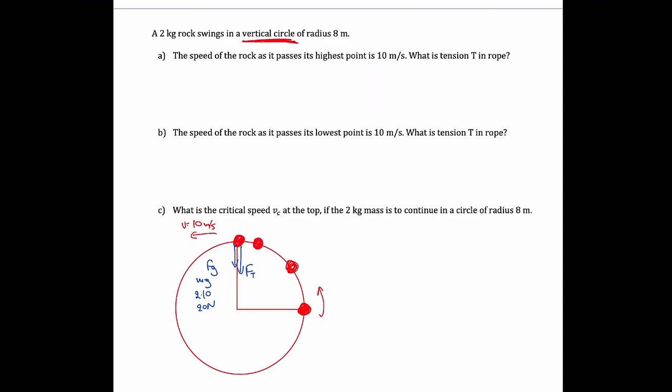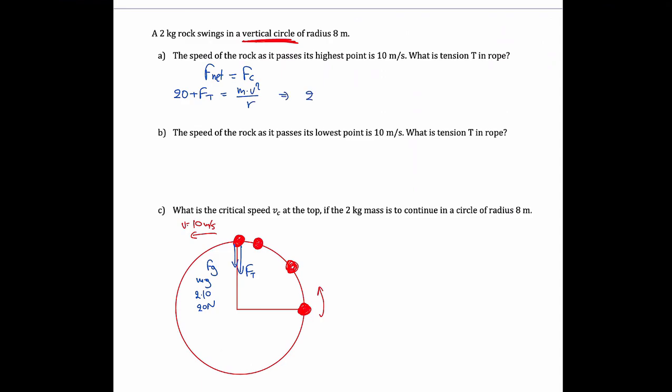However, since we have circular motion, we know that the total force acting on the radial direction, towards the center, will be F centripetal. So we can say that the sum of two forces, the force of gravity plus the tension, will be equal to mv squared over the radius.